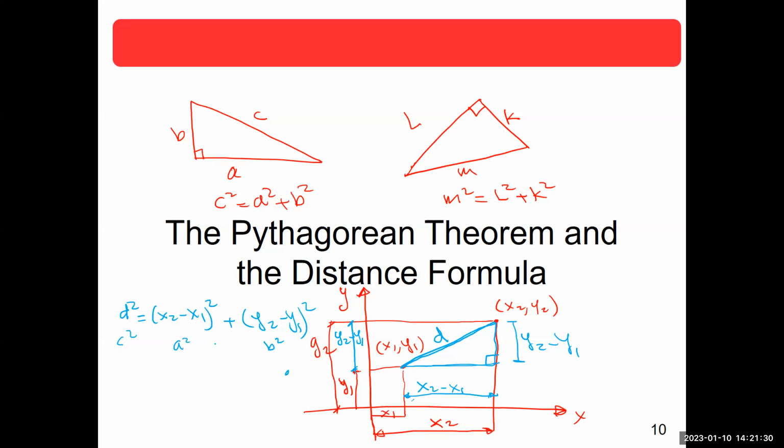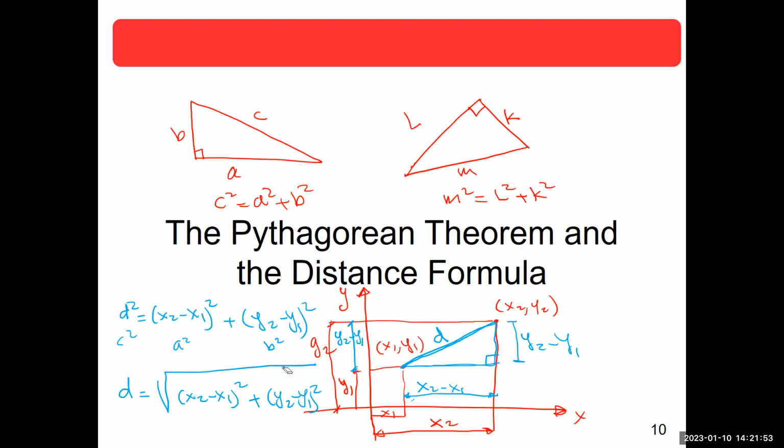If I take the square root of both sides, D is equal to the square root of (x2 minus x1) squared plus (y2 minus y1) squared. This is called the distance formula.